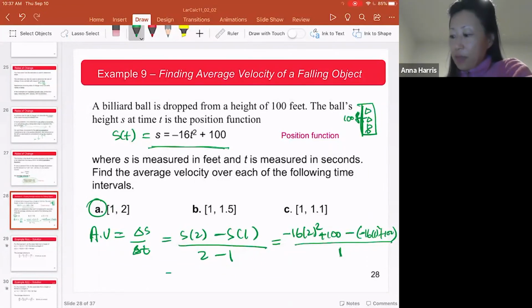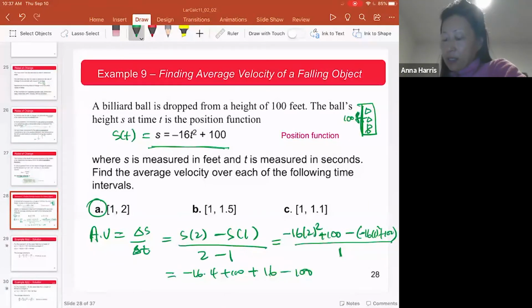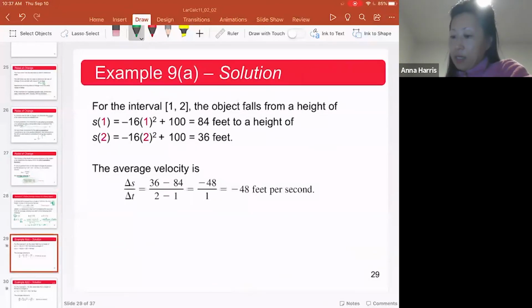When you finish up, you simplify and you get one number. In other words, it's moving which way? Downward, because I know this is negative.